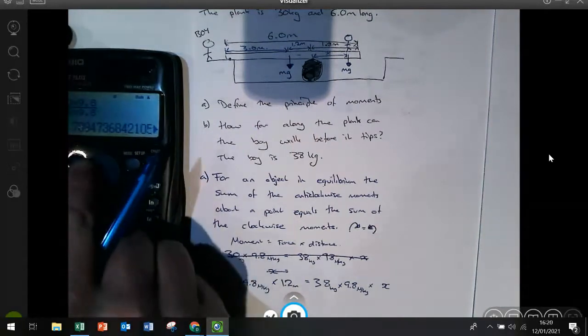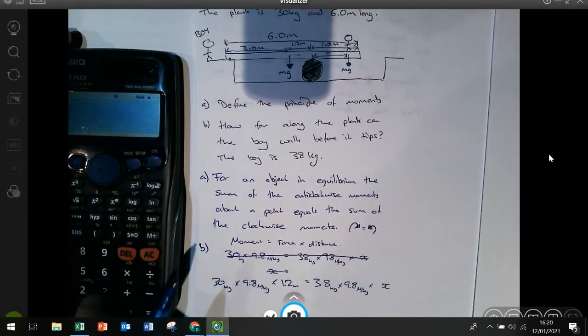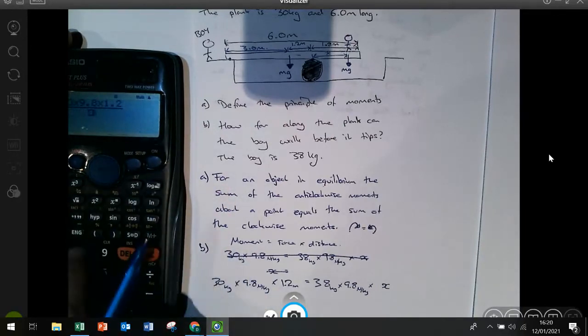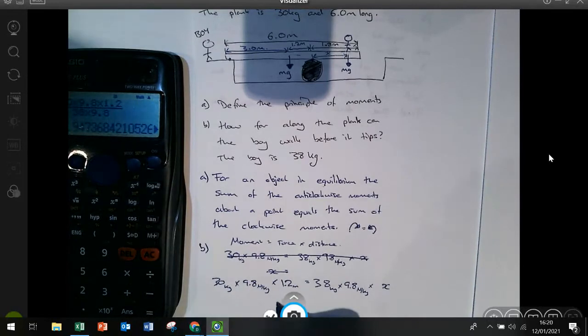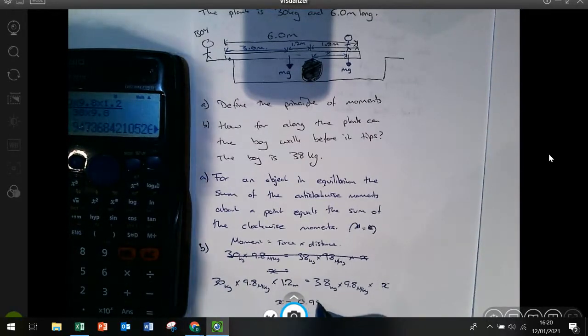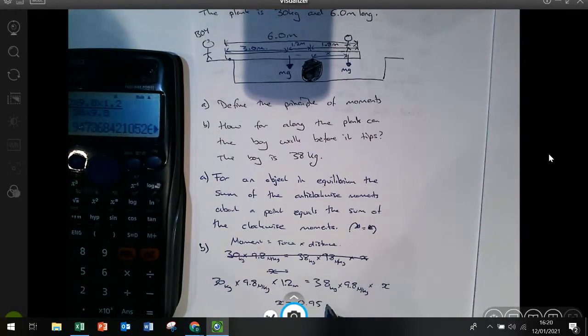So now we can solve this equation. And we get x is 0.9. We actually get 0.9 recurring.